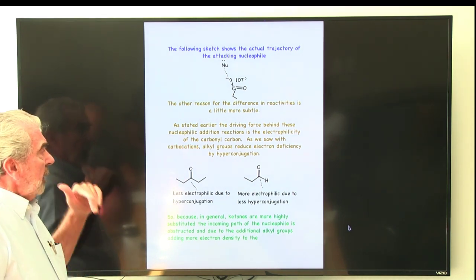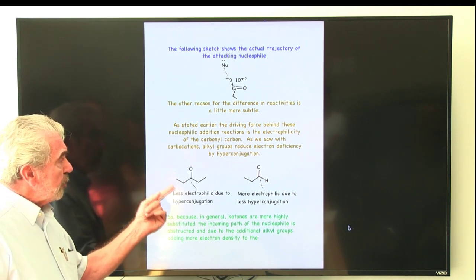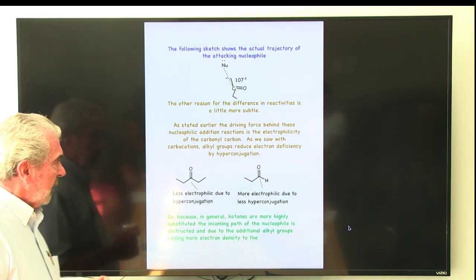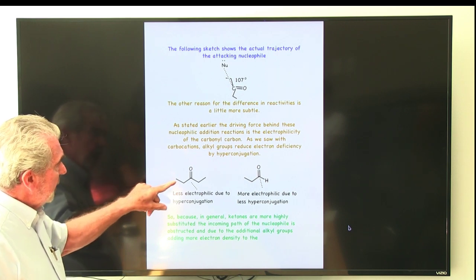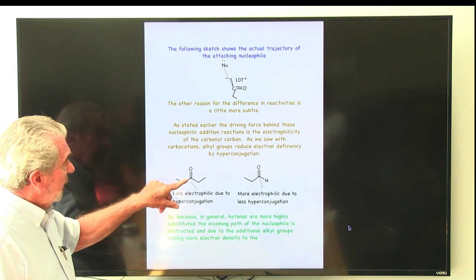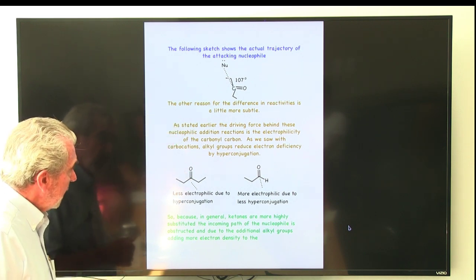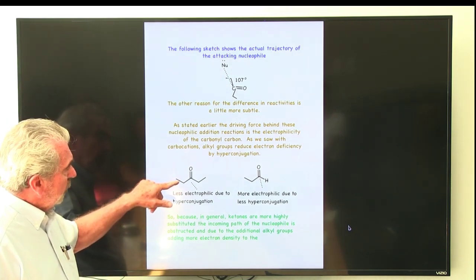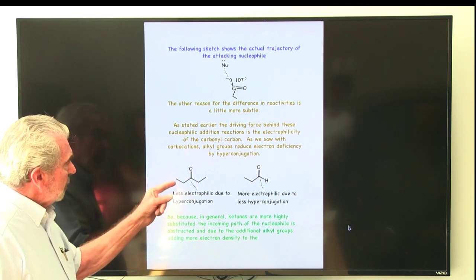Now, as we said before, the ketones are generally less reactive than the aldehydes. And the reason for that is electronic, because remember we said that the thing that makes this carbonyl carbon electrophilic is the fact that electrons are being pulled away toward the oxygen. But if we take a look at what else is attached to the carbonyl carbon, we've got these alkyl groups.